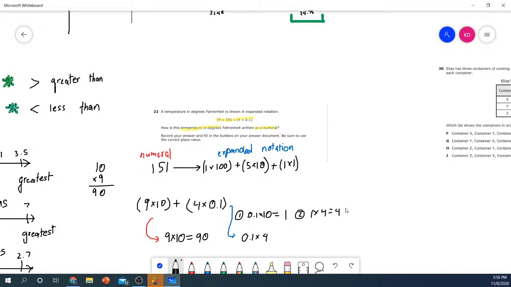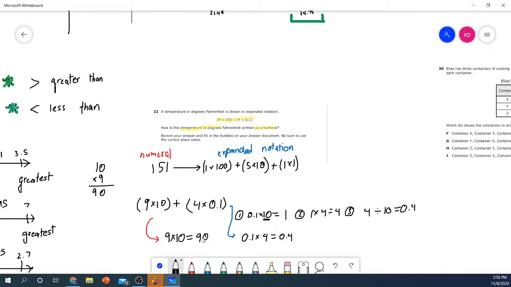And then your third step, since you multiplied by 10 right here, you would have to divide by 10, and you get 0.4. So this is equal to 0.4.